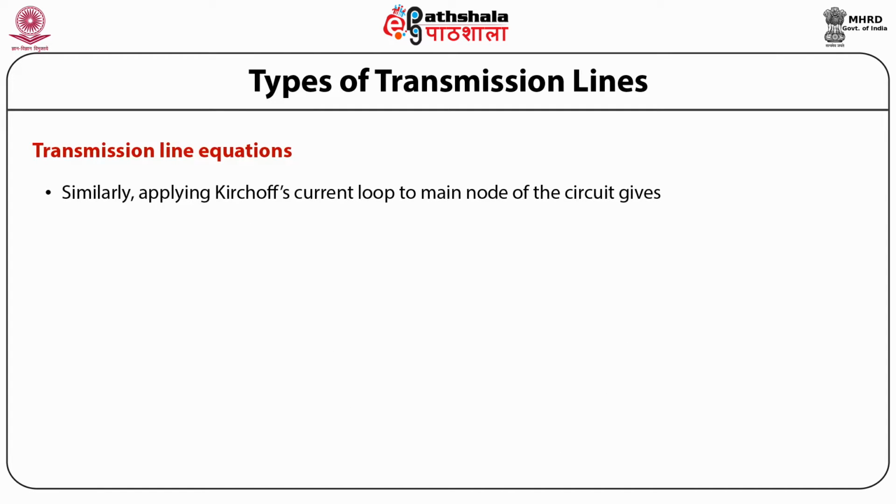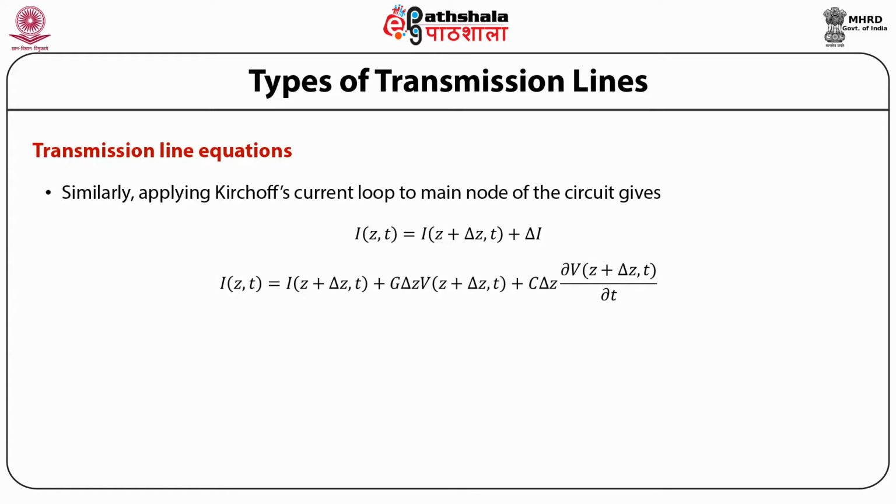Similarly, if we apply Kirchhoff's current law to the node of the circuit, it gives I(z,t) equal to I(z plus delta z,t) plus delta I. I(z,t) is equal to I(z plus delta z,t) plus G delta Z V(z plus delta z,t) plus C delta Z del V(z plus delta z,t) by del t.